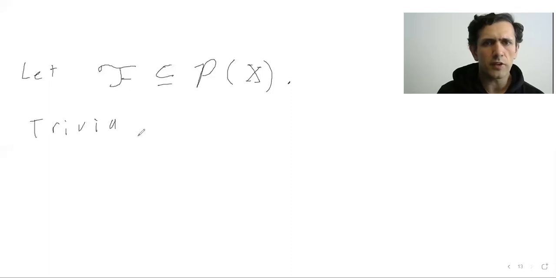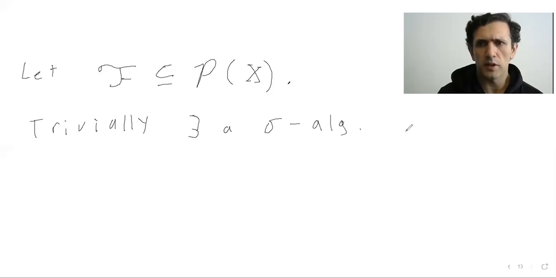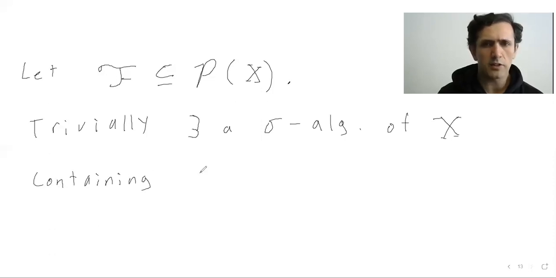So really, what we just proved, maybe it's not trivial. Well, no, it actually is trivial, sorry. There trivially exists a sigma algebra of X containing script F. And in the next video, script F will be all the open subsets of the real line.